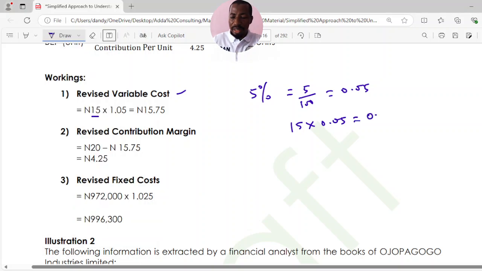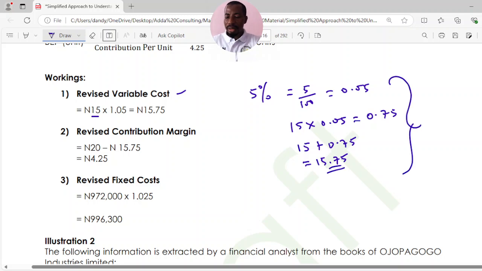That means the increase in variable cost is 0.75. Original variable cost of 15 naira plus 0.75 gives us 15.75 naira.